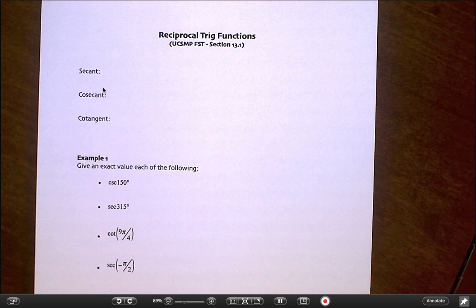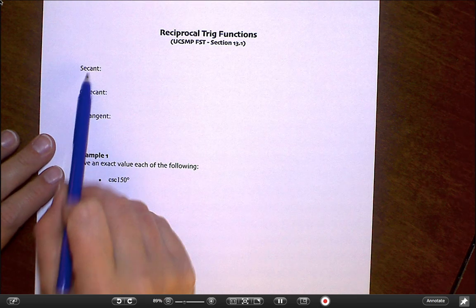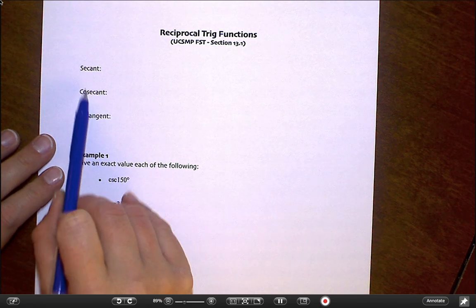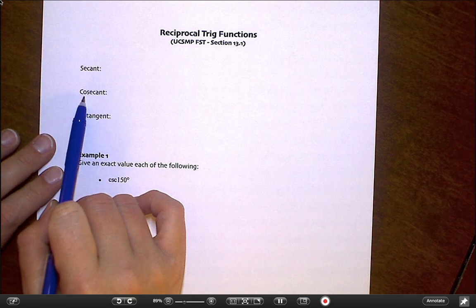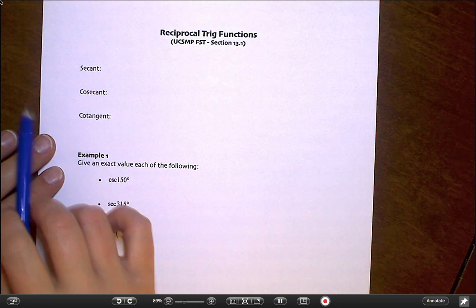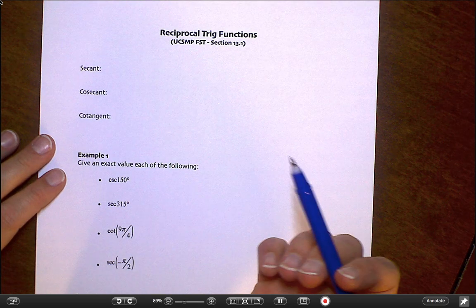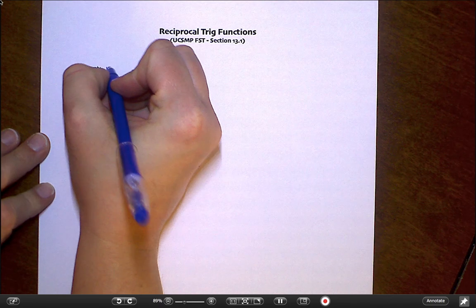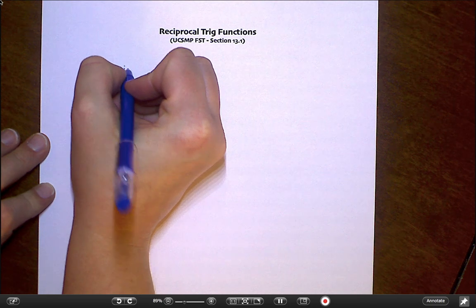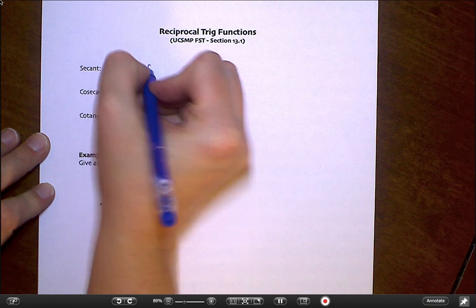Now, I will tell you, I was not in charge of naming these because I would not have named them the way they are named. I look at secant and cosecant, and I think, oh, this goes with sine, and this goes with cosine. And that's the exact opposite of what they actually are. The secant is the reciprocal of the cosine function.